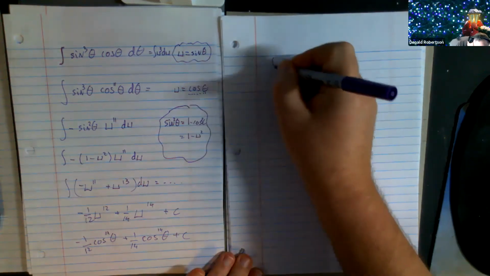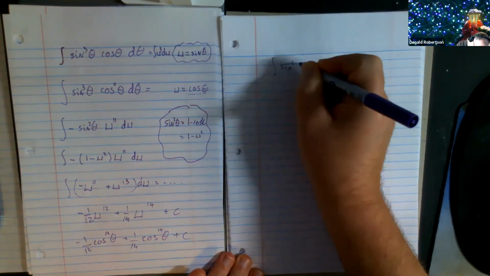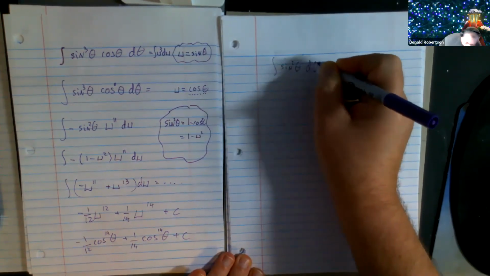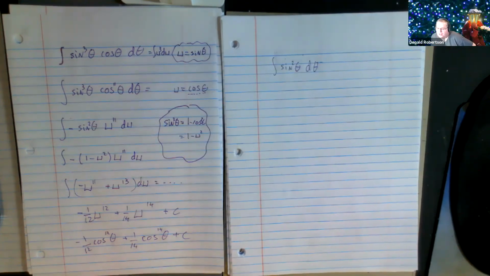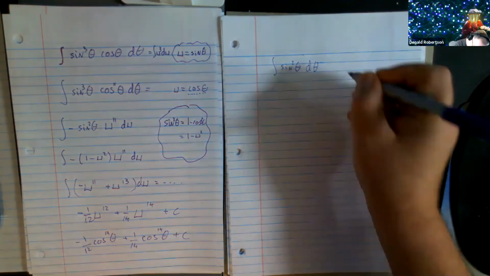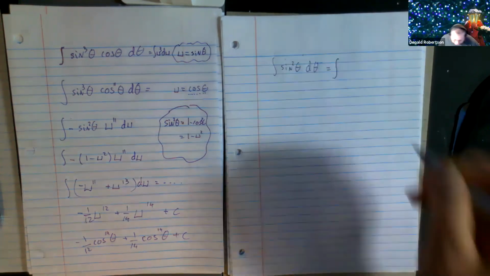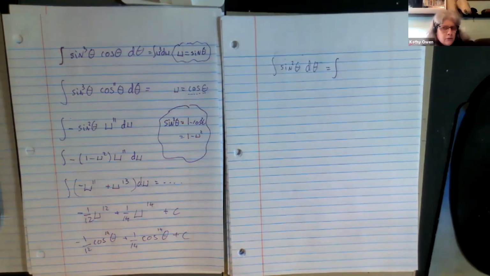What would you do? Because there's two techniques in this. That is not a u-sub. That is an identity issue. In other words, you choose to rewrite this in another format that will make it possible to get the answer. Double angle.